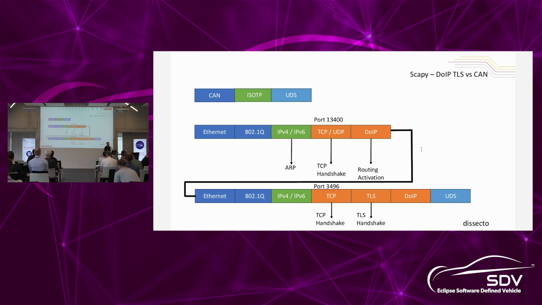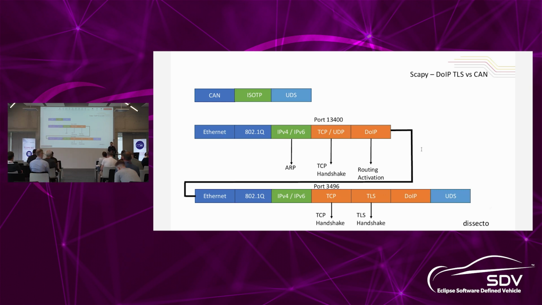In Scapy, we can, of course, build our own packets, like we saw with Ethernet, VLAN, IPv4, TCP, TLS, DoIP, and so on. But if we test a specific protocol, we want to do this.